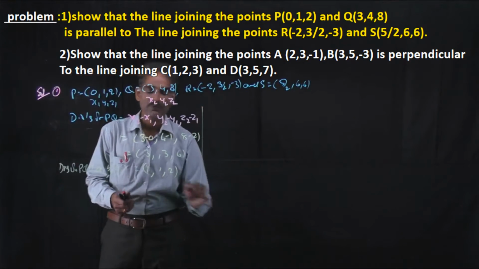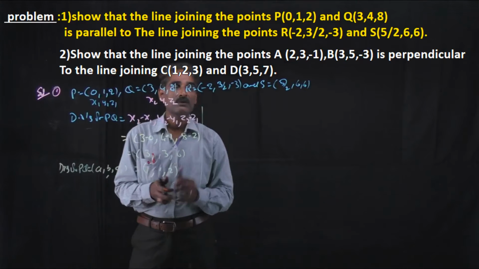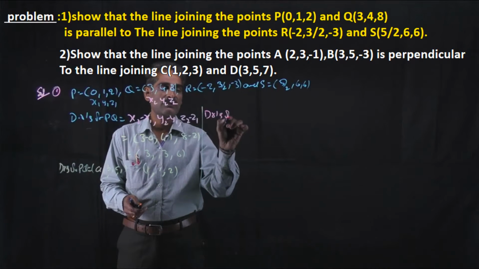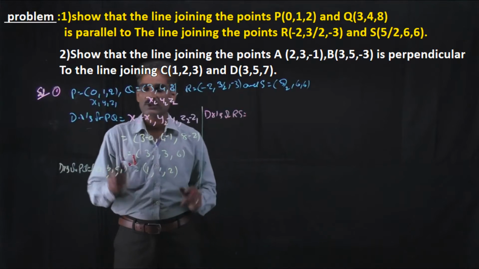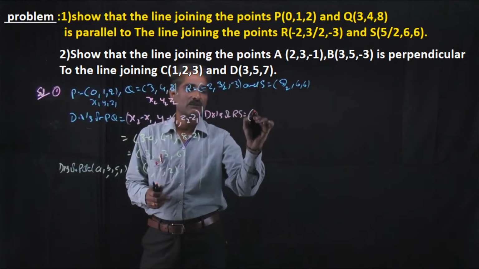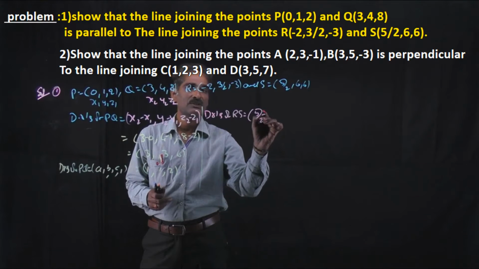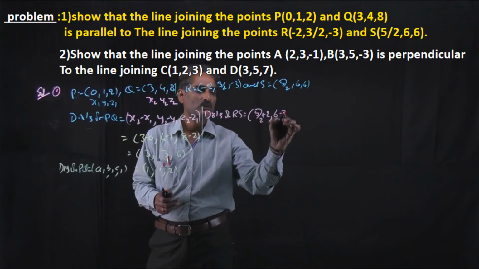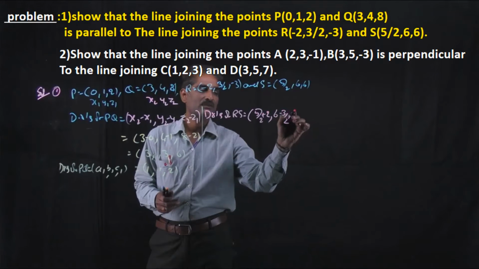Similarly, find the DRs of RS. Just apply the same formula. x2 minus x1, that means 5/2 minus of minus 2, that means plus 2. Then 6 minus 3/2, and 6 minus of minus 3, that is 6 plus 3.